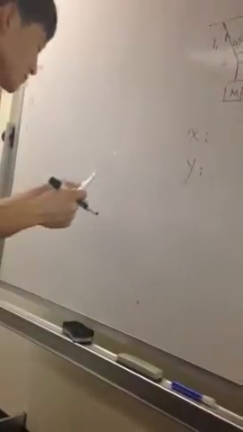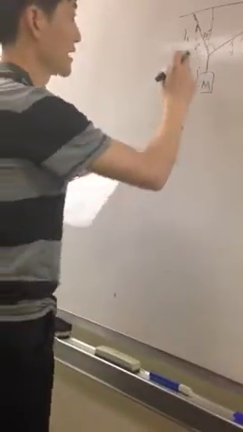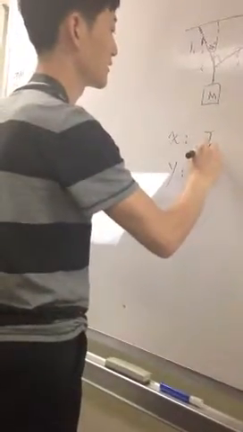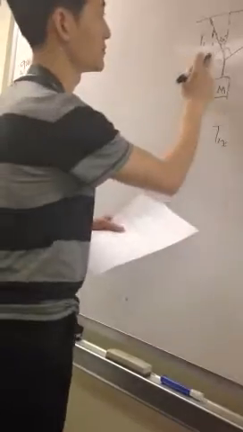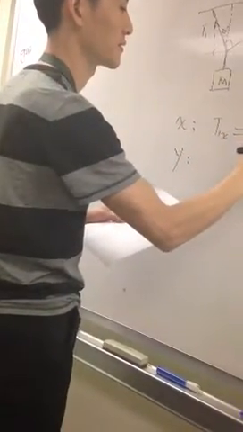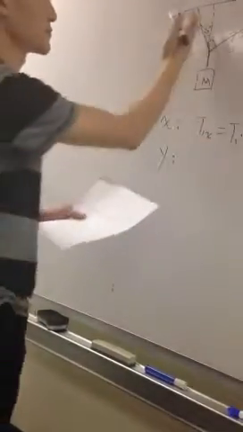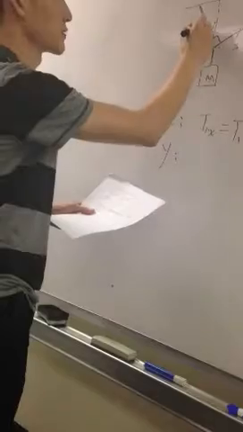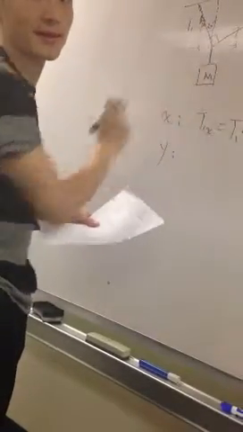So here is 90. So on x, we have T1x, which is T1 sine 30, right? T1 here is 30, sine 30 is this T1x.